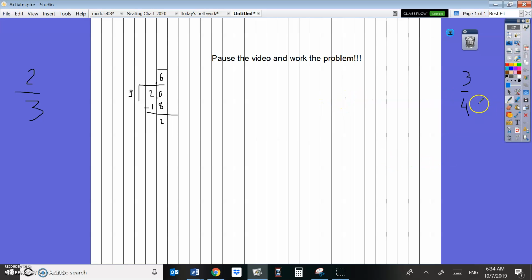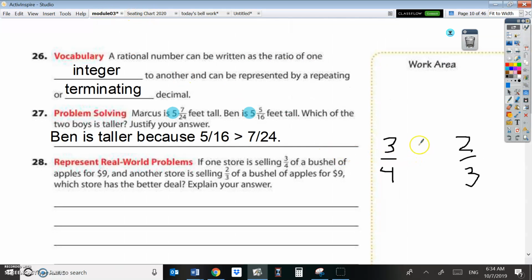I'm just going to times by 25. If you multiply the denominator by 25, multiply the numerator by 25. That's going to be 75 over 100, or 75 hundredths. So we know that 3/4 is greater than 2/3.